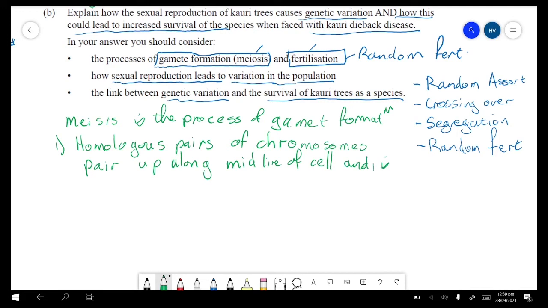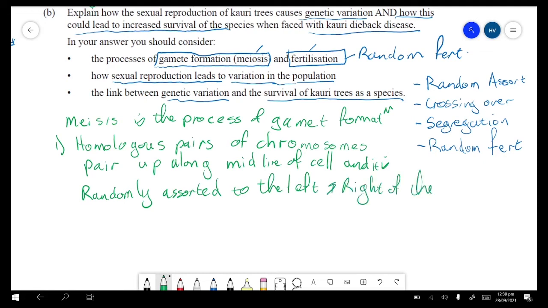It is randomly assorted to the left and right of the midline. So in other words, whether the chromosome is from maternal or paternal origin. So remember, we're talking about if you are making eggs, then one chromosome came from your dad and your other chromosome came from your mom. And whether this is from your mom or dad, it goes left or right randomly.